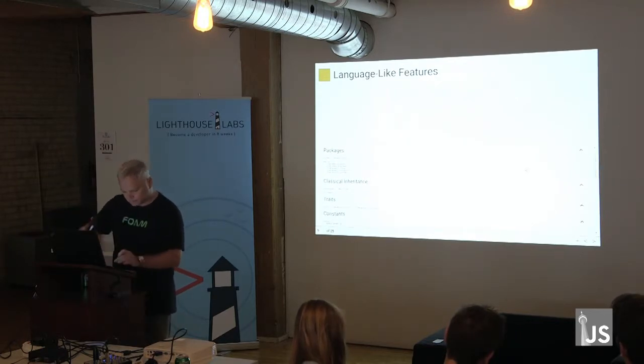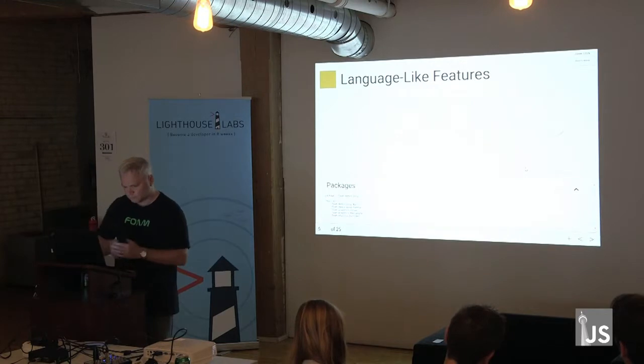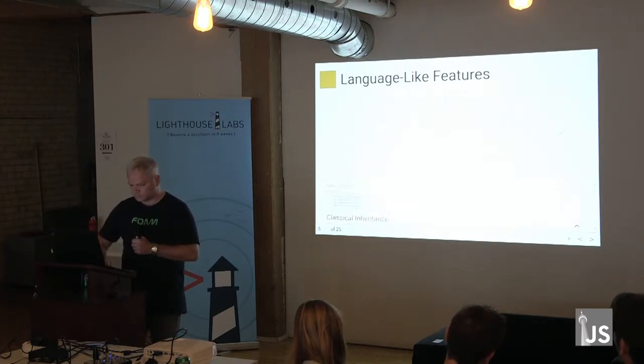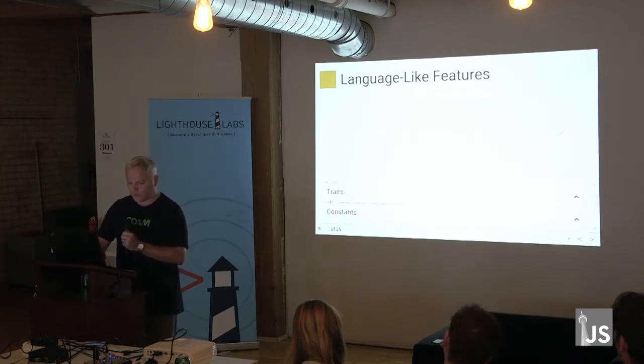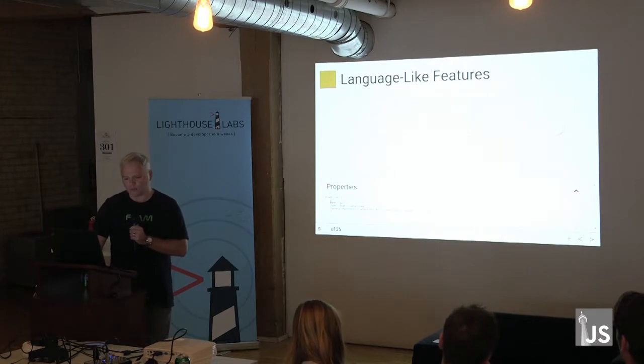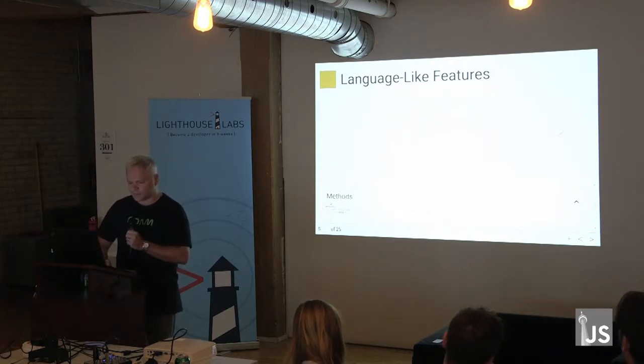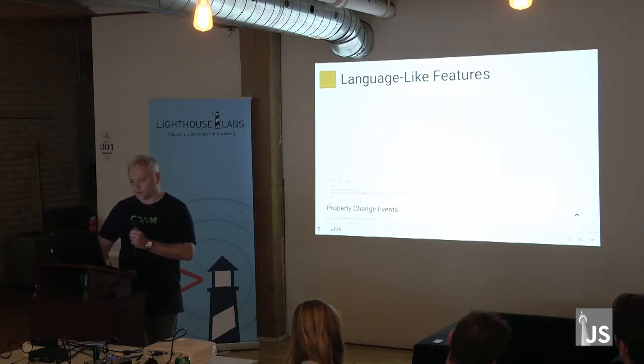So you can see here's the code. We've got packages, then you list your requirements. You can say what model you extend. You have this.super. We have traits for multiple inheritance, constants, properties, which are like high-level instance variables, methods, listeners, actions, inline templates, property change events.